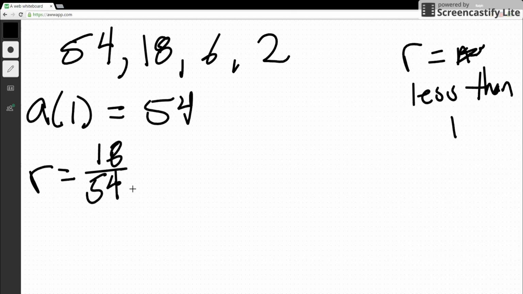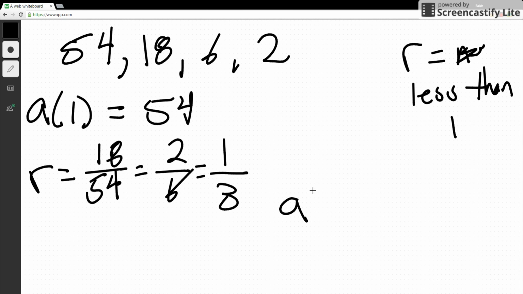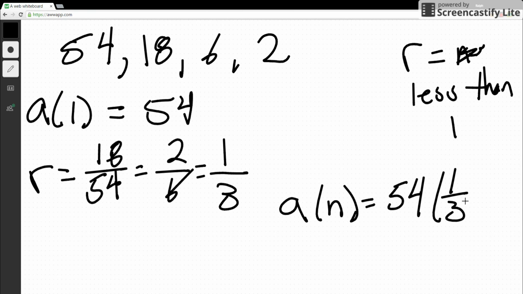In this case, it would probably be easier to take some of these smaller numbers, since it doesn't matter which two you use. Oh yeah, it's going to just be 1/3. So now I'm going to plug it into my formula: a of n equals 54 times 1/3 to the n minus 1.